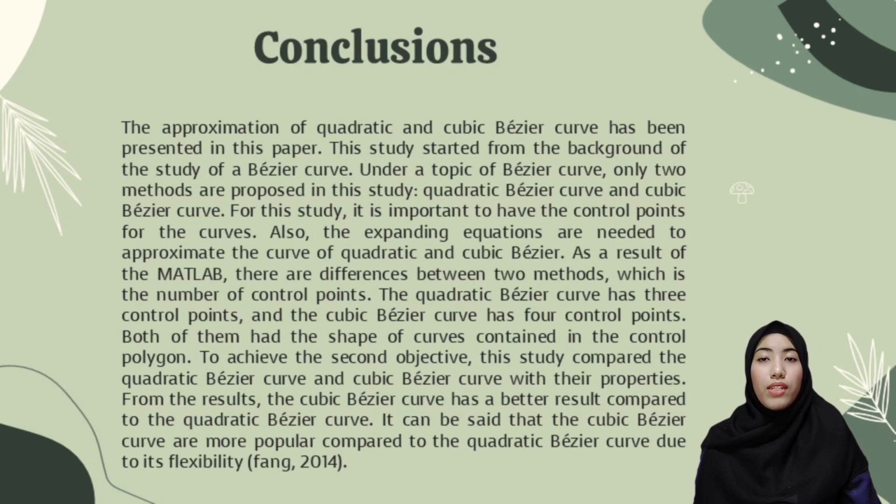Also, the expanded equations are needed to approximate the curves. As a result of the MATLAB, there is a difference between the two methods, which is the number of control points. The quadratic Bezier curve has 3 control points and the cubic Bezier curve has 4 control points. Both of them had the shape of the curve contained in the control polygon.